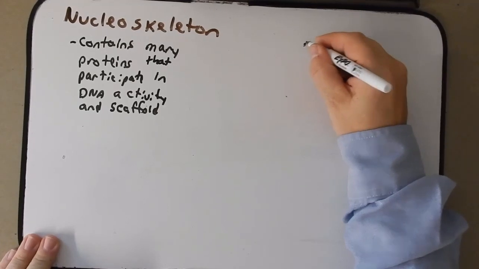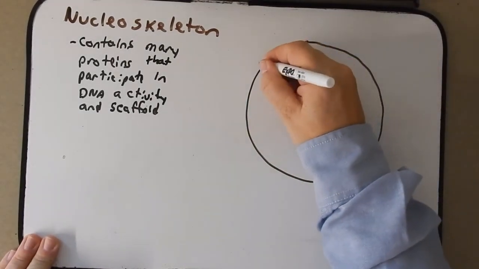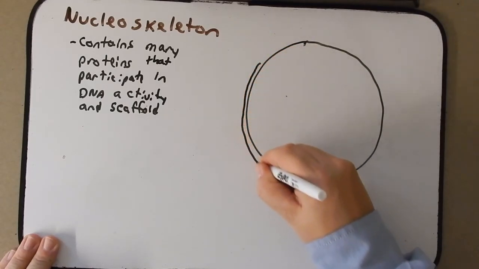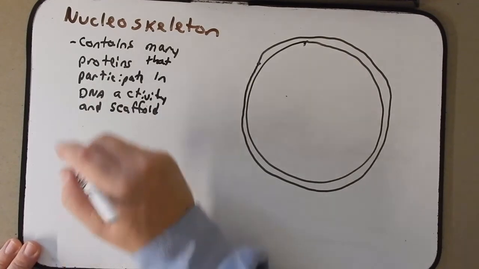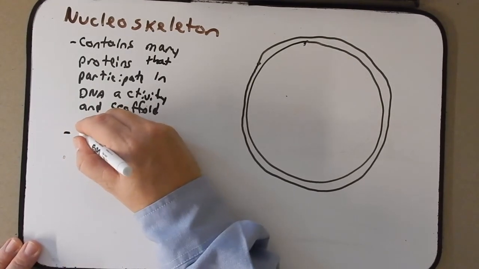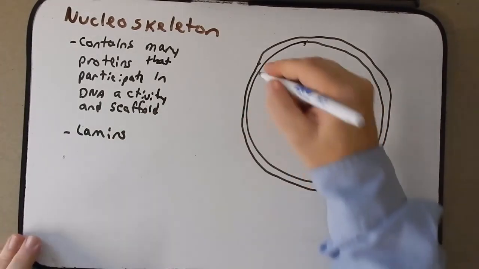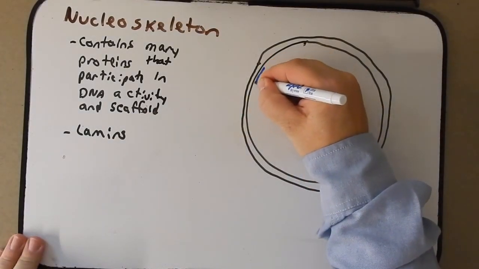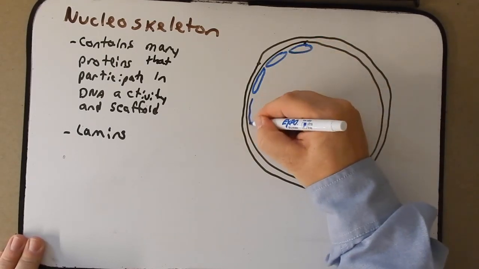So let me draw our nucleus again. And I haven't really been drawing it this way, but I'm going to just so we remember that the nucleus itself has two membranes. The proteins that I mentioned in describing the nucleoskeleton are by and large proteins we call lamins. These lamins are often found associated with the inner side of the nuclear membrane.